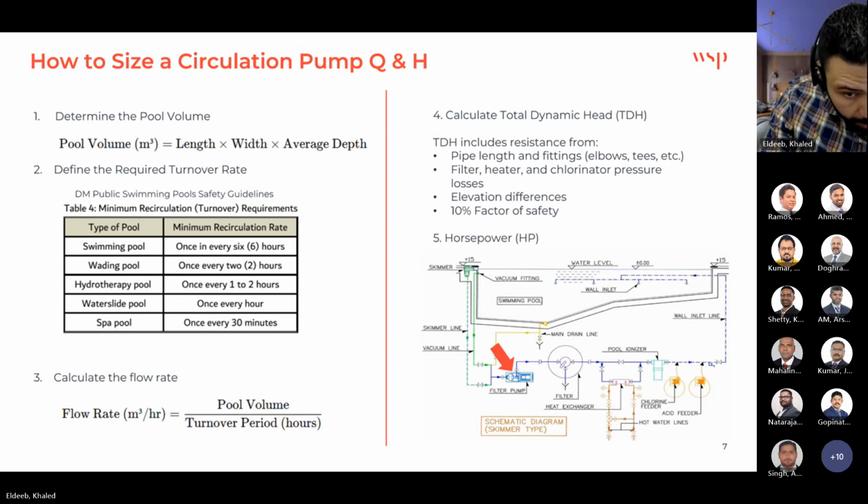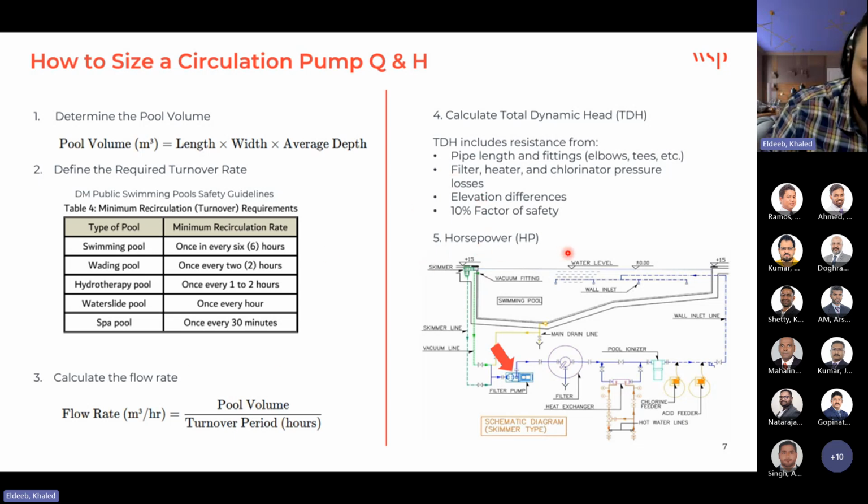So calculating the TDH will help us choose the pump with the right pressure head to overcome the system resistance, whatever resistance we have while the flow is running. The pump should be capable enough to push through it and continue the flow until it reaches its destination. So once we calculate the flow and head, we size the pump.